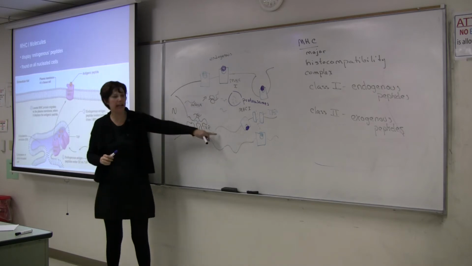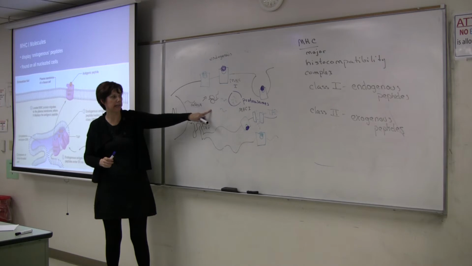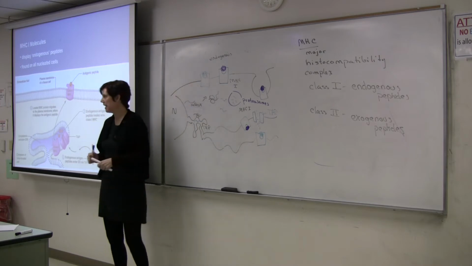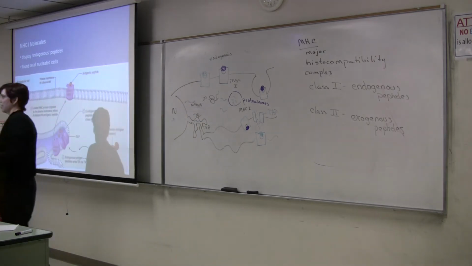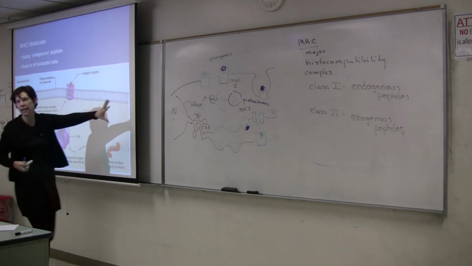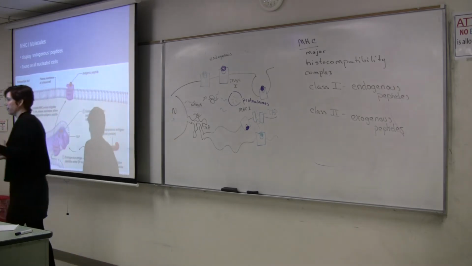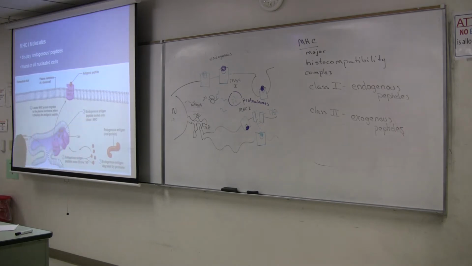So whether they are made in the ER, inserted into the ER, or found free in the cytoplasm, the cell is putting it out on its surface. So the key to MHC1 is that it is a protein synthesized based on the genes of the cell. All right? So it is a marker protein for that cell, for your body.